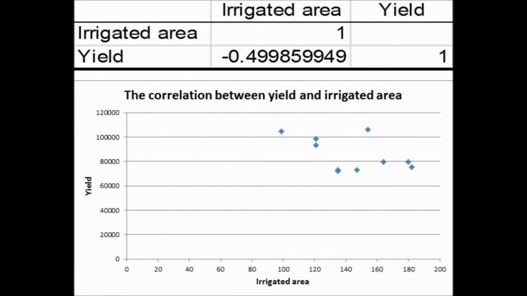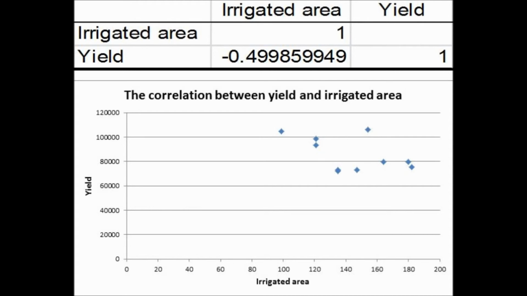As you can see the scatter graph and its coefficient. The coefficient turned out to be negative 0.5, which means that there's no strong linear correlation between the yield and the irrigated area. But the result makes sense, because there exist many factors that affect the yields, and the irrigated area and the development of irrigation systems are only one of them.